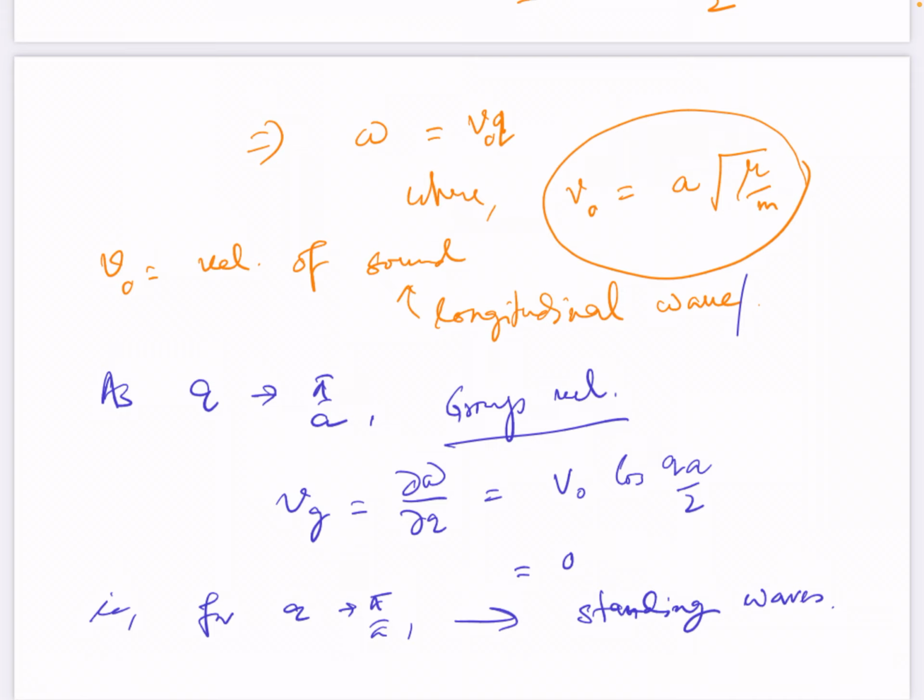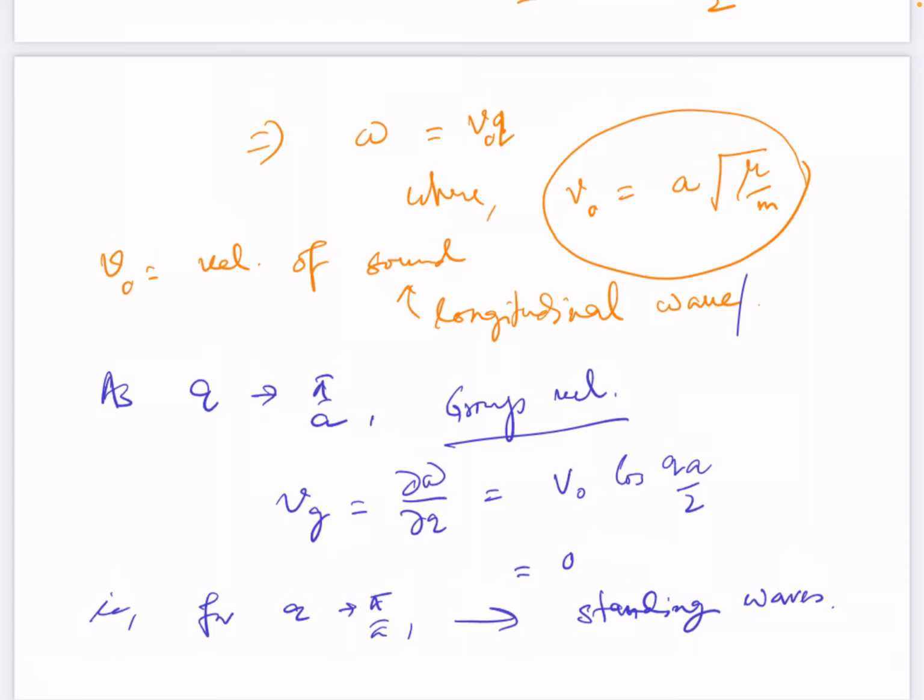But at q equal to π by a, that is at the zone boundary, the group velocity becomes 0, because group velocity is del omega del q, which is equal to v0 cos of qa by 2. At the zone boundary, q equal to π by a, this becomes cos π by 2, and therefore group velocity is 0. That means for this particular wave vector, the wave forms a standing wave. It is not a progressive wave.